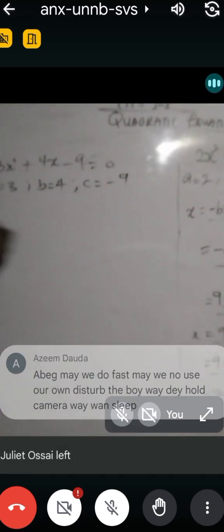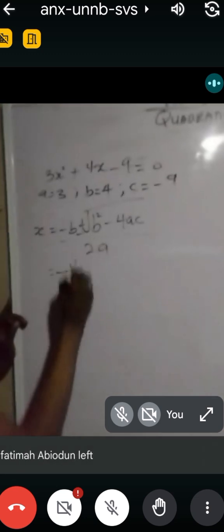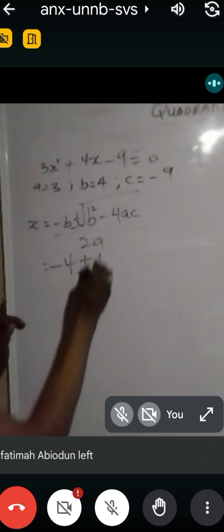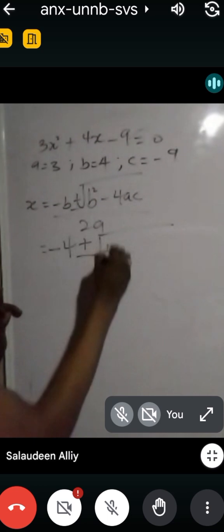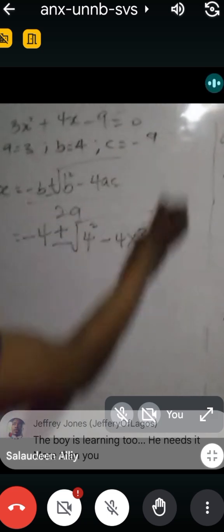So, using the quadratic formula, x equals minus b plus or minus the square root of b squared minus 4ac over 2a. Minus b is minus 4, plus or minus the square root of 4 squared minus 4 times a, which is 3, times c, which is minus 9.